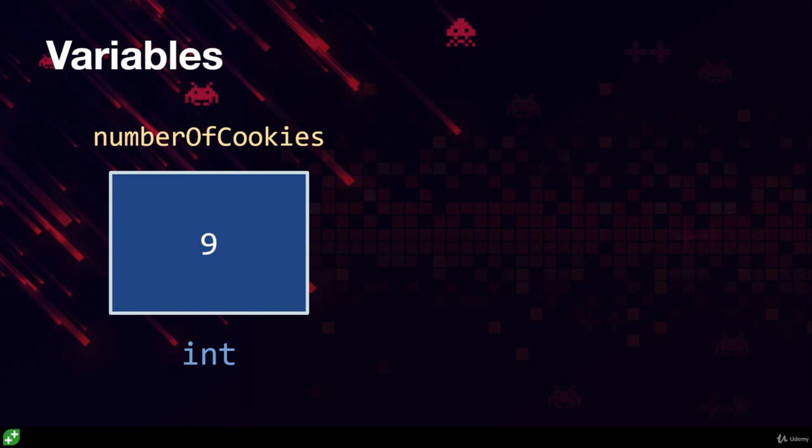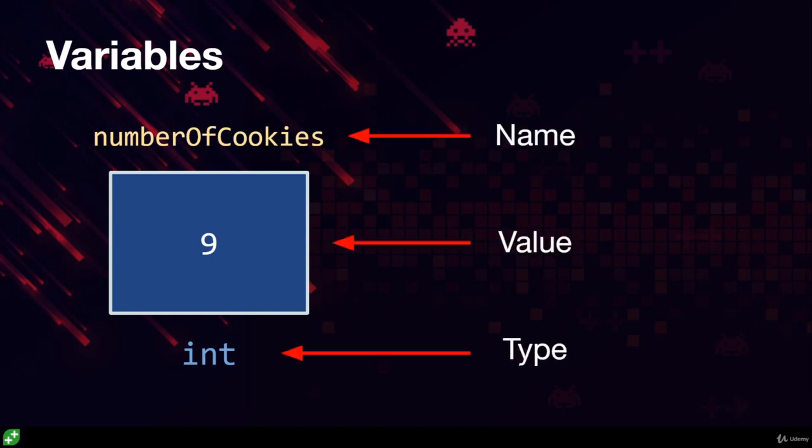Variables have 3 main parts: a name, a value, and a type. We'll use good naming practice and be descriptive and call this variable number of cookies. Number of cookies will have the integer type, which in C++ is called int. An int variable can hold an integer value. It's not capable of storing a number with a fractional part, just like we're not capable of eating less than a whole cookie in one bite.